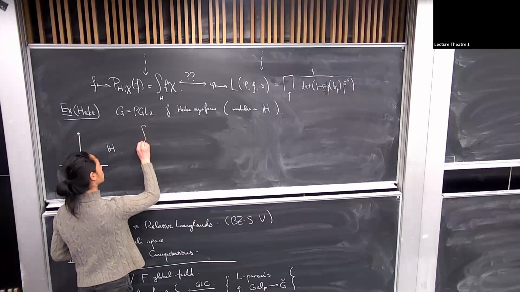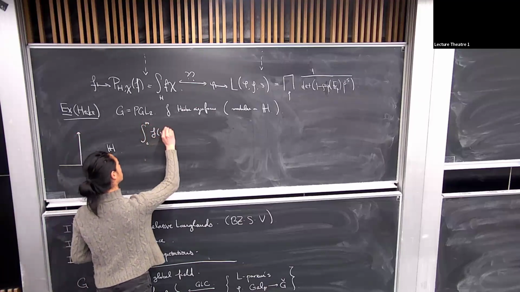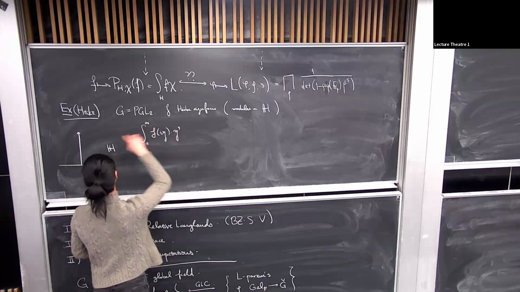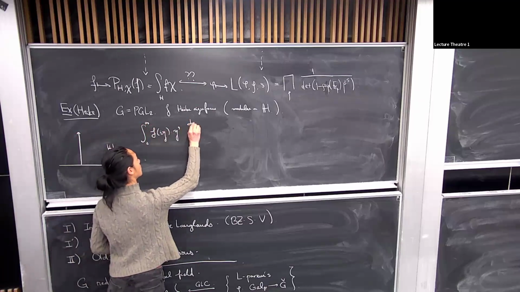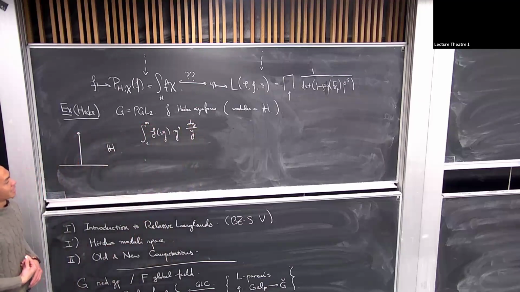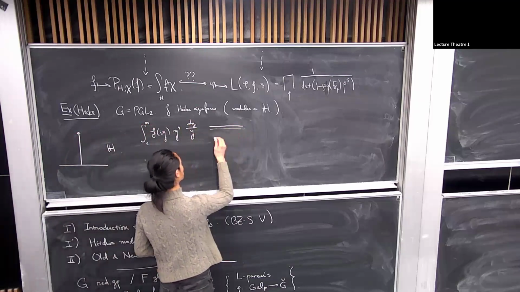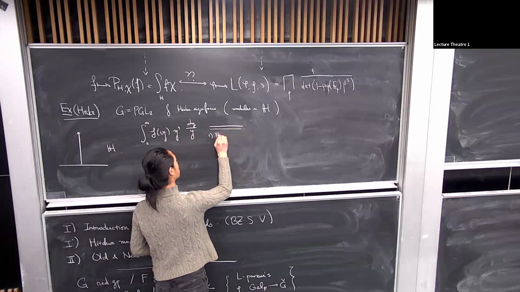So he considers the integral from 0 to infinity of f(iy) times y to the s, with the Haar measure on the imaginary axis, dy over y. Essentially, he only applies two things. The first ingredient going into this is the Fourier expansion.